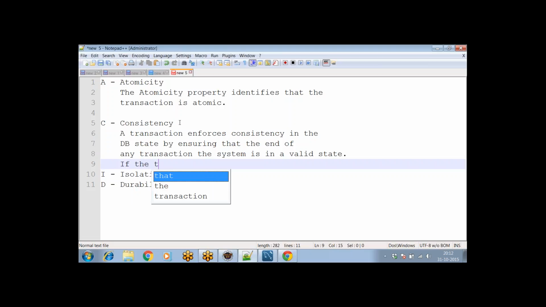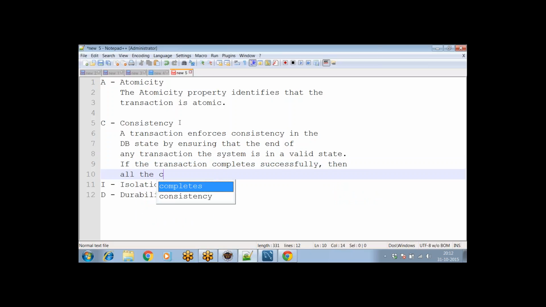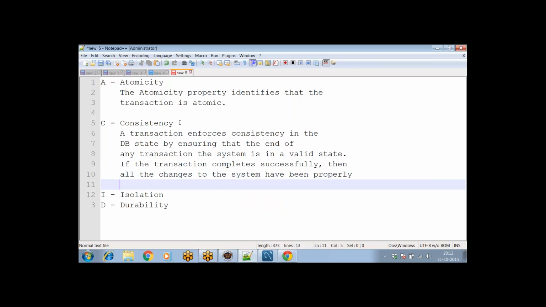If the transaction executes or completes successfully, then all the changes to the system have been properly made and the system will be in a valid state. System will be in a valid state here.